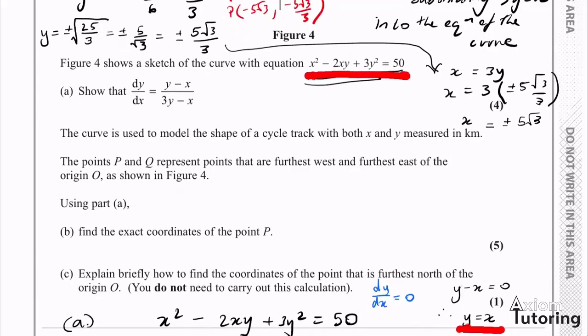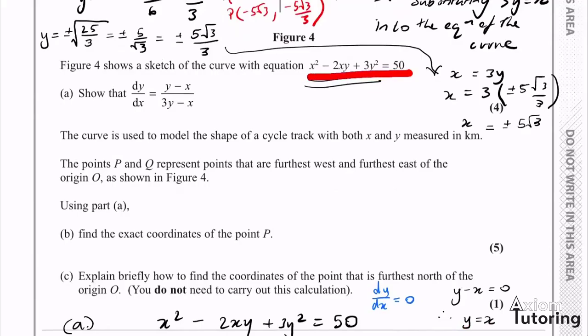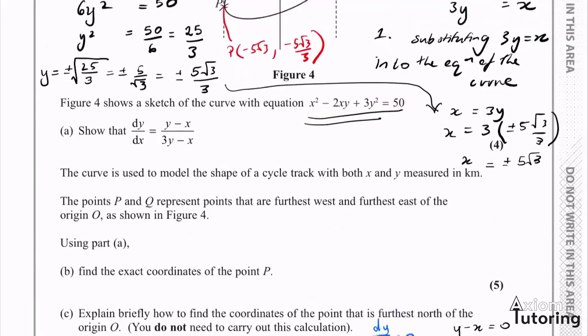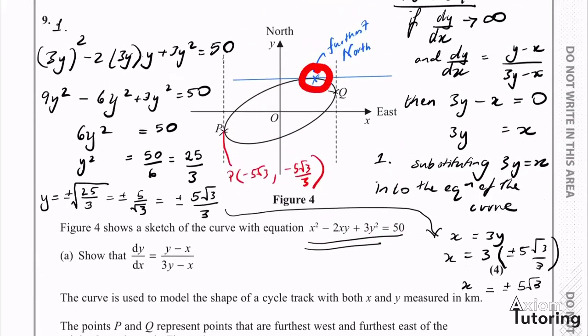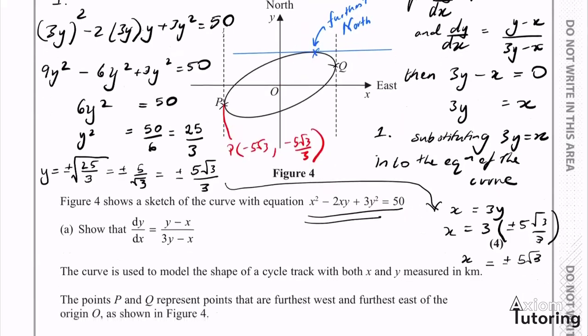So we're going to substitute in y equals x into our equation here, and then solve for values of x and y, but we only want the positive solution because this is in the positive quadrant. So it's a positive x coordinate and a positive y coordinate. So that's really all you need to summarize for part C.